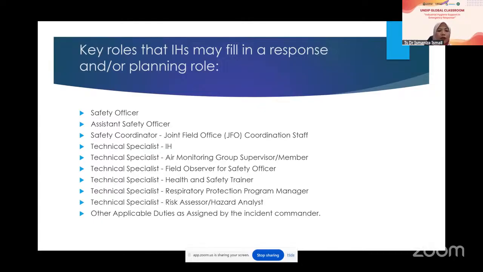We also have a respiratory protection program manager, maybe the one in charge of telling us which masks or respirators need to be used. A risk assessor makes sure that the risk is kept minimal and that everything is safe for people to enter the area again.